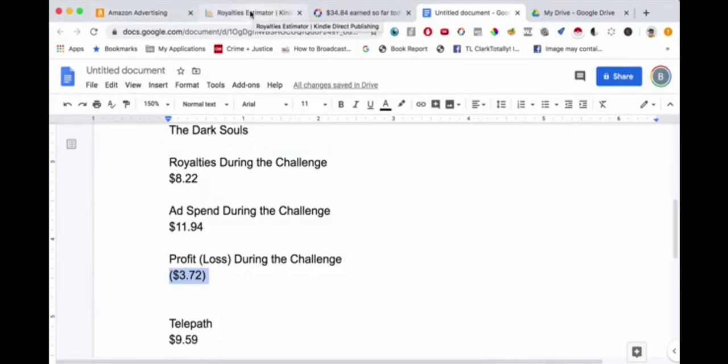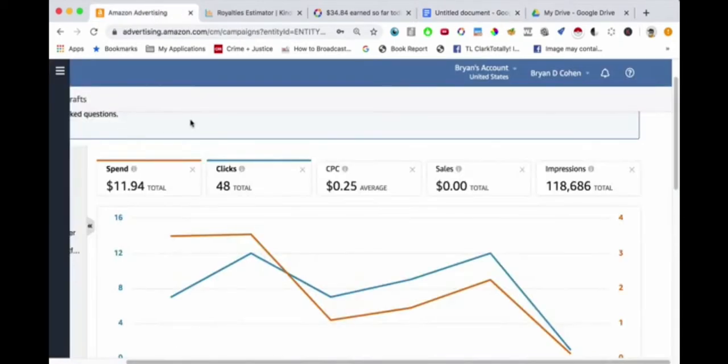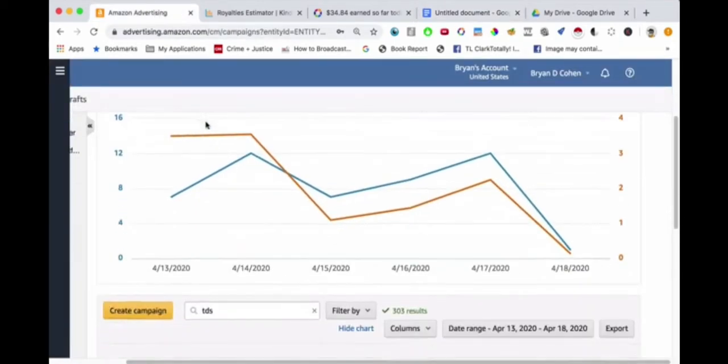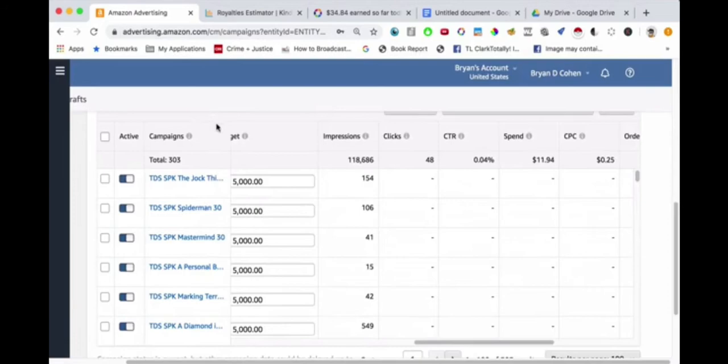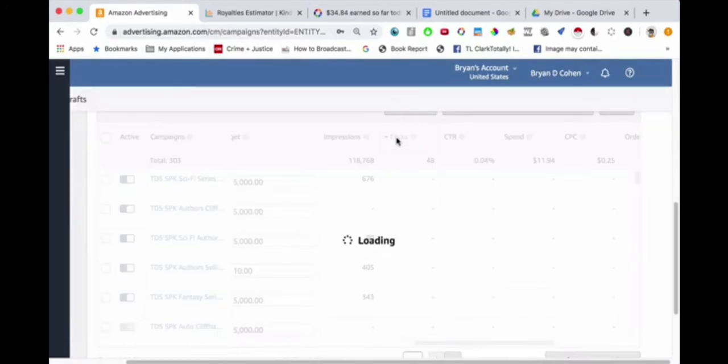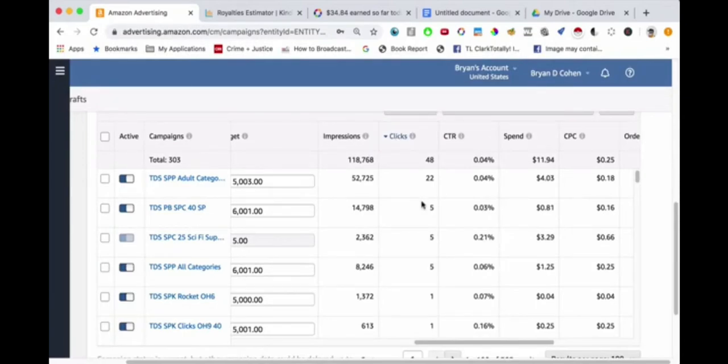So first and foremost, we will see if I had this loss on the Dark Souls, I would probably go back in, look at some of my campaigns, right? And see. You can sort these, as we talked about in the previous video. You can sort these by clicks. You can sort them by ad spend.